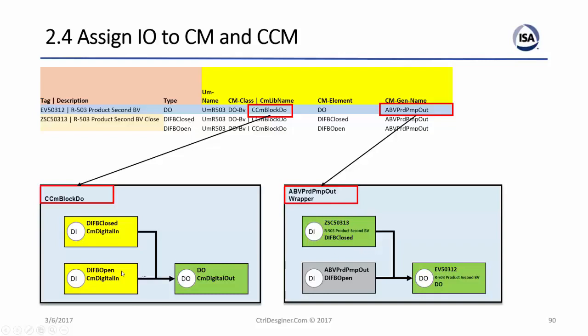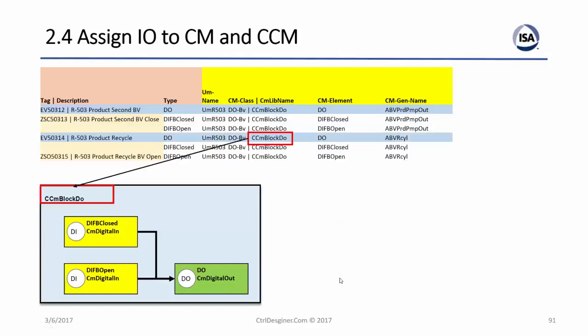And basically what we are building, we're taking this object, CCM objects, and we're creating this CCM object that has a DI and has a DO, but does not have this DI. It shows it here, grayed out. And for the other example that we have, this one, we have the same block, but it's open, DI feedback open exists.